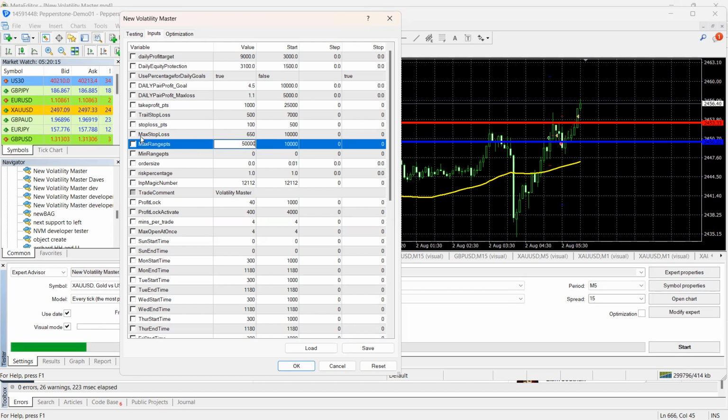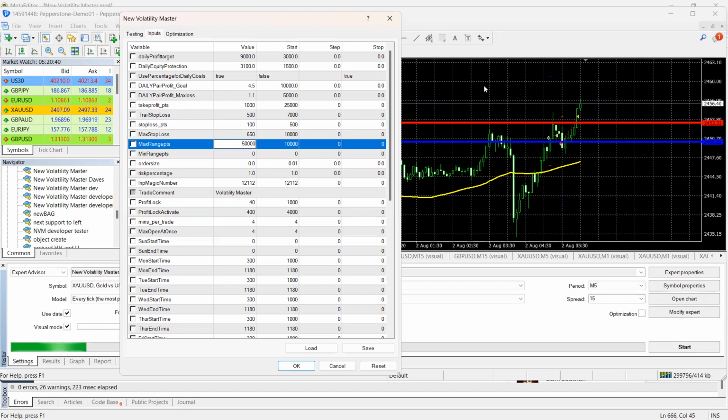So let's say, for example, you've got your max stop loss set at 650, your stop loss set at 100, so 650 plus 100, and then my breakout might be another 20, so that'll be 750, 770. I might set my maximum range at 700 or 750, 770, something like that, so that the stop loss is always going to be above or below the range.